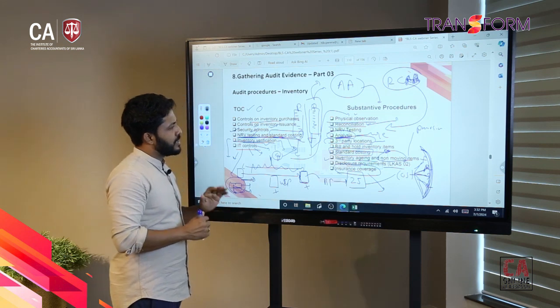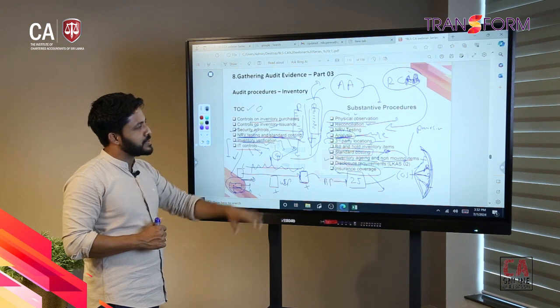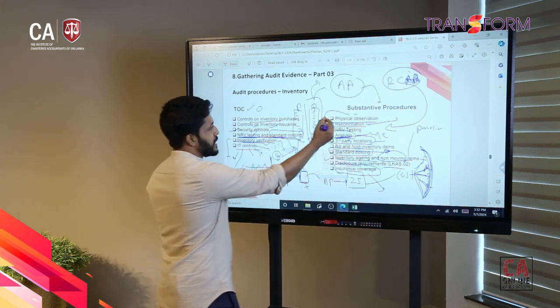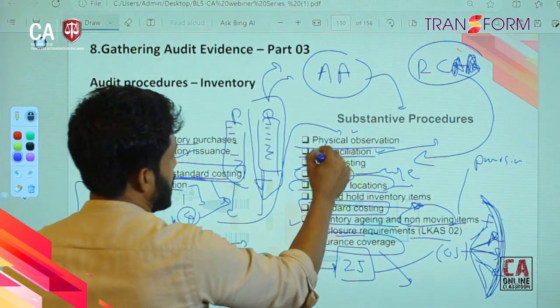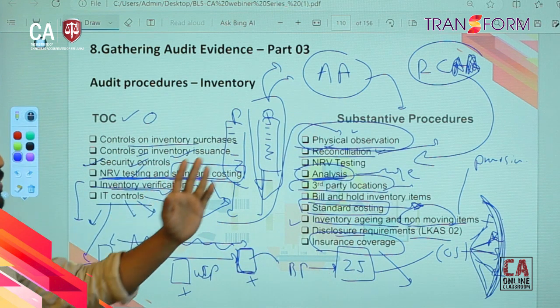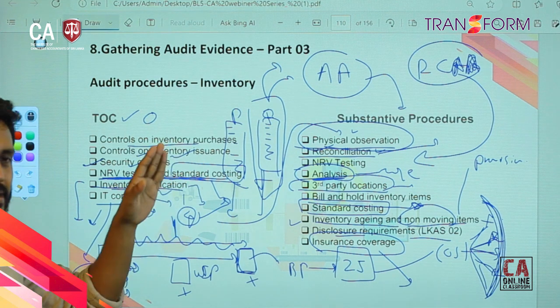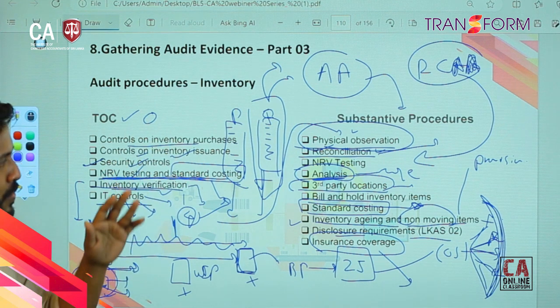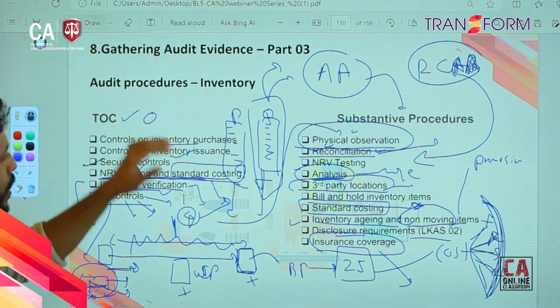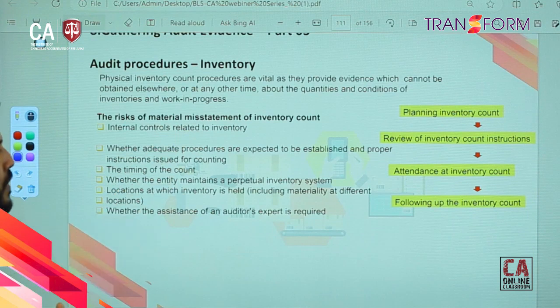Right. So that's about TOC and substantive procedures. Under substantive procedures, physical observation of inventory is a core audit procedure, a key audit procedure, the primary substantive procedure relating to inventory. So that ensures the existence of the inventory balance. So we are planning to give some explanation about inventory verification.